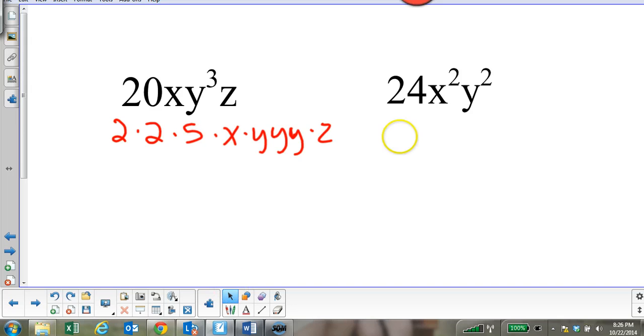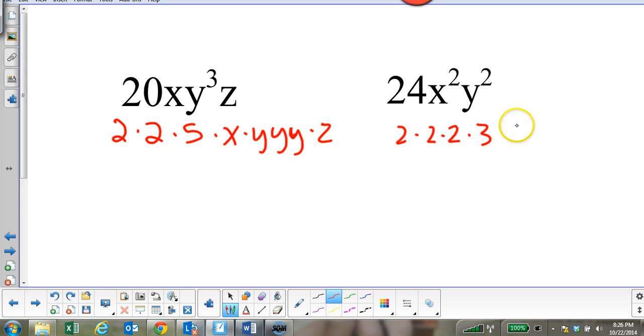And for 24x squared y squared, 24 is 8 times 3, so I think we know how that turns out. 8 is 2 times 2 times 2, and then times 3, and then we've got x squared, so that's 2 factors of x and 2 factors of y.